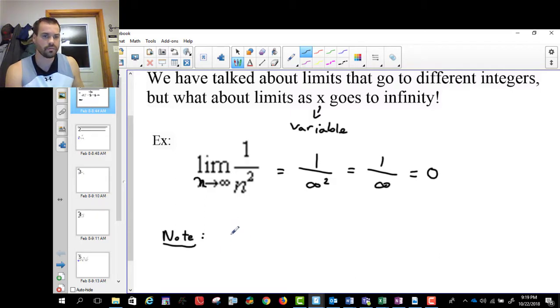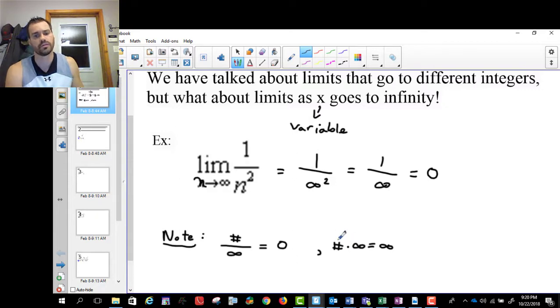There are certain operations you need to know about infinity. If you have a number divided by infinity, that number not being infinity, then your answer is always 0. That's important. If you have a number that is multiplied by infinity, and that number is not 0 and not infinity, then your answer is infinite.